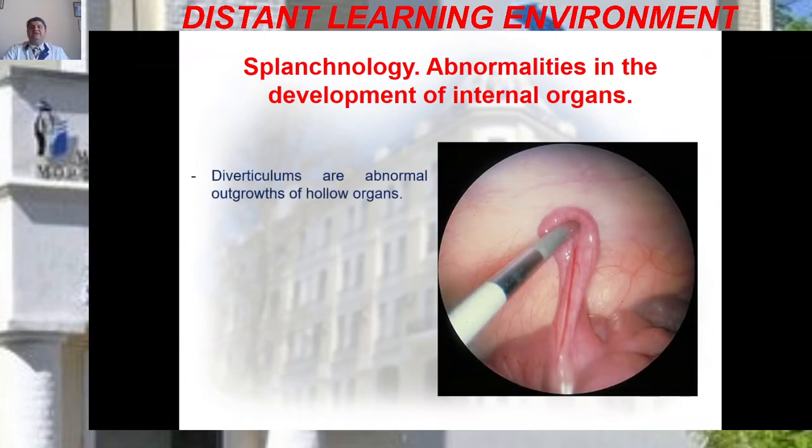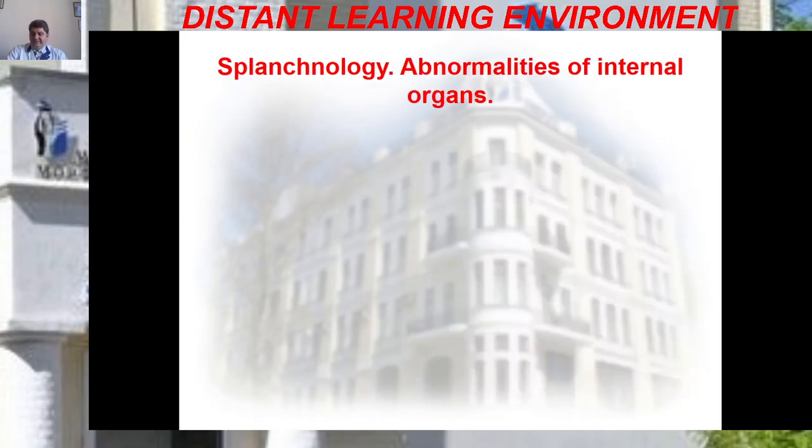Next, diverticulums. These mean abnormal outgrowths of hollow organs. For example, you may see a Meckel diverticulum here in a laparoscopic operation.